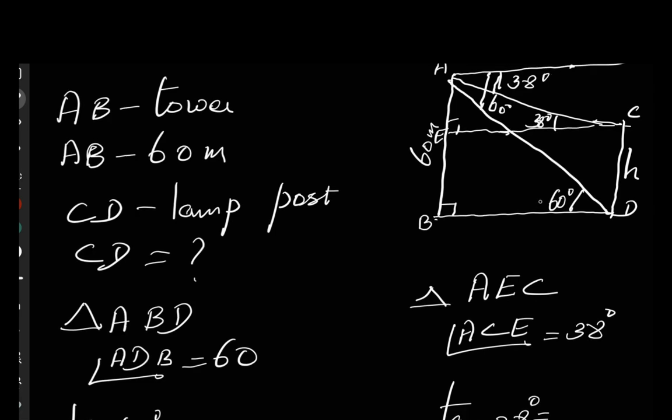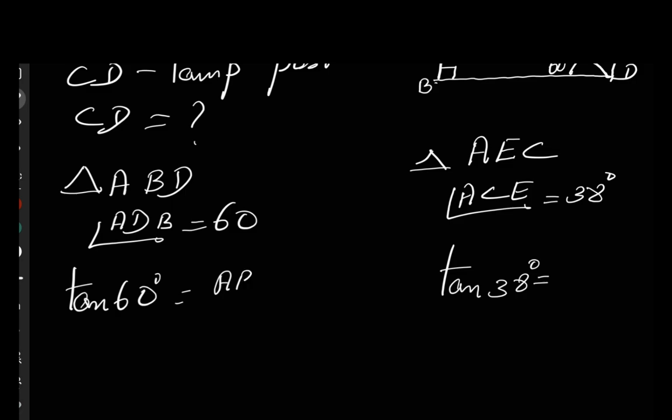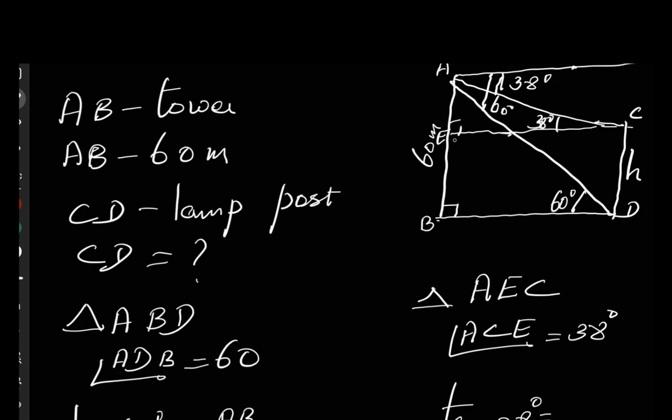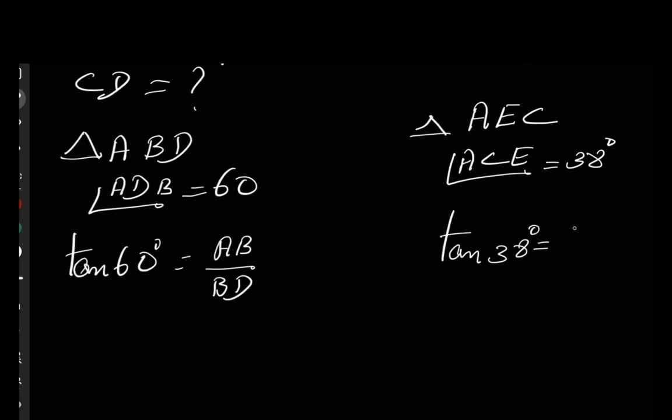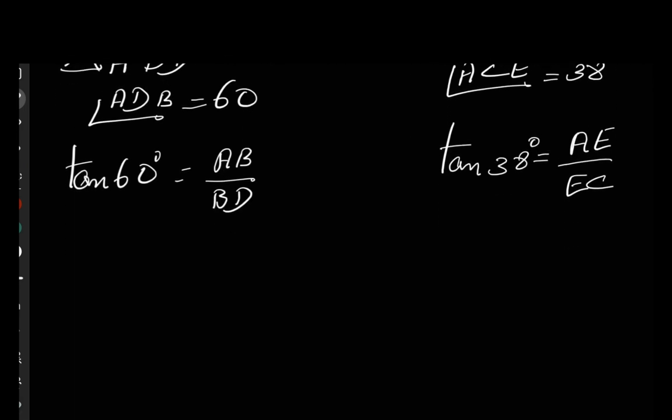So tan 60, opposite side by adjacent, AB by BD. Tan 38, AE by EC. Let me mark this BD as X. Both are same distance. BD and EC are X. So let me mark that X.